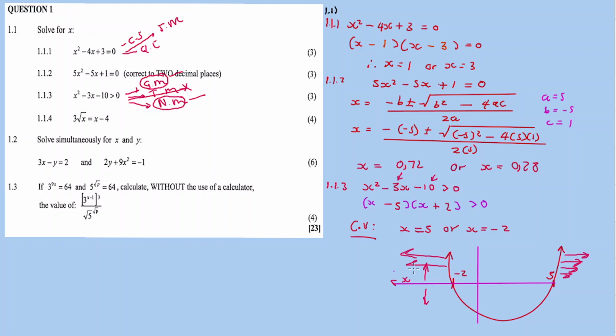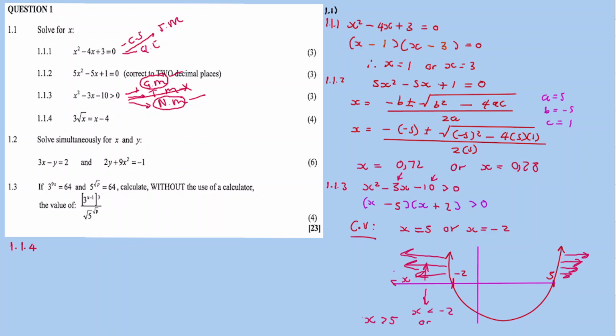So the first solution is x less than negative 2, or x greater than 5. Now my answers are together. These are the roots, or the set of solutions, for this quadratic inequality.